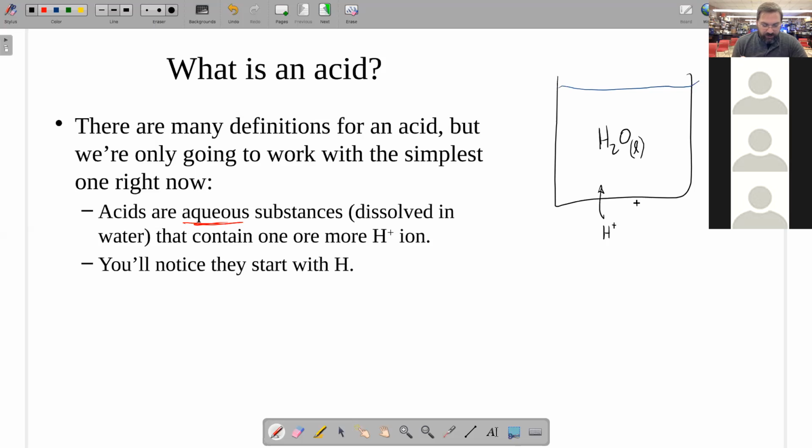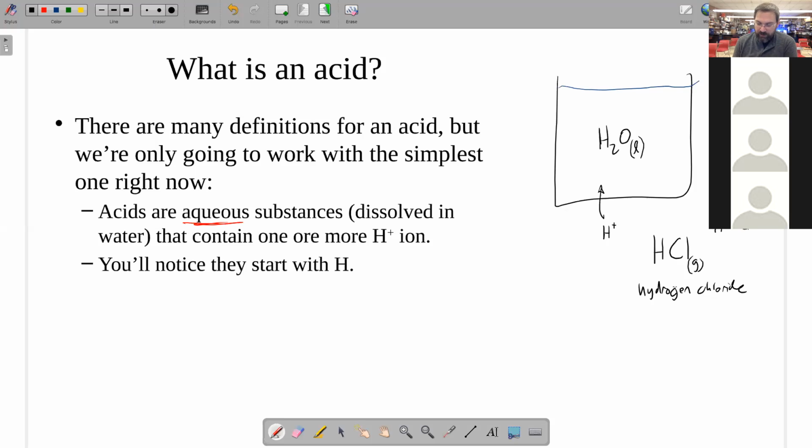So acids have to be an aqueous solution. For instance, there's a gas, HCl, and from what you've learned, you would name that gas hydrogen chloride. And hydrogen chloride is the correct name for this ionic compound with a hydrogen and a chlorine, because on the periodic table, H is H+ and Cl is Cl1-.